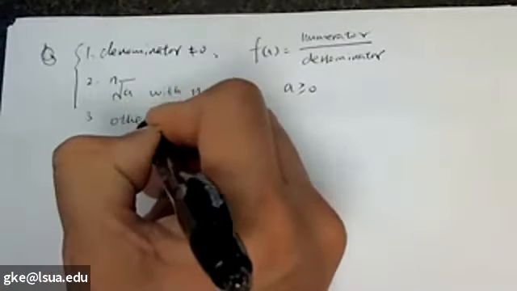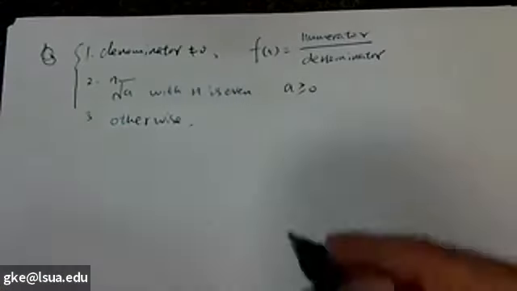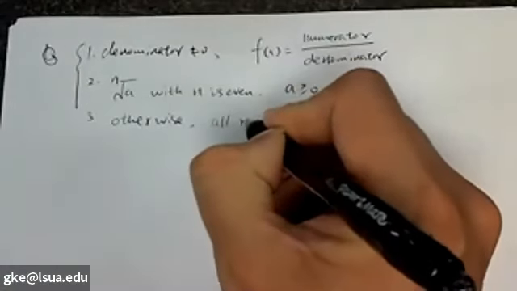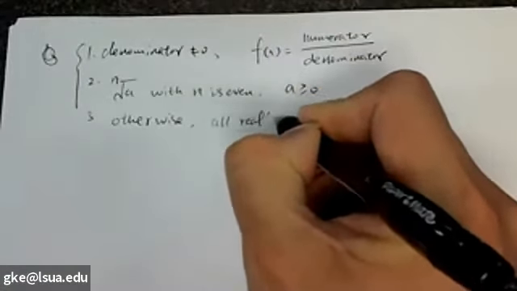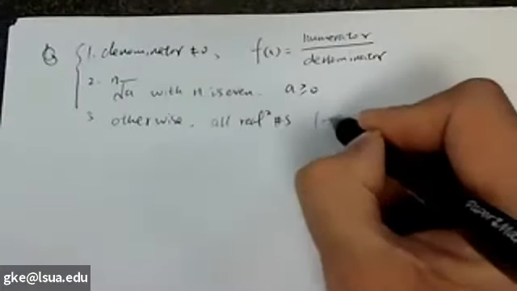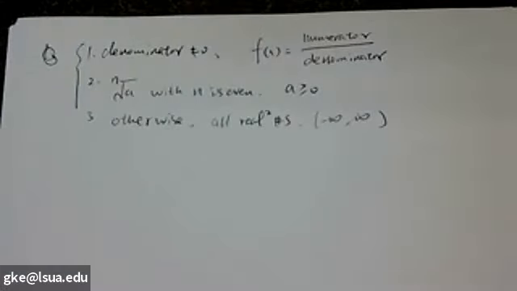Otherwise, the domain is going to be all real numbers. Or you can say negative infinity, infinity. Okay.